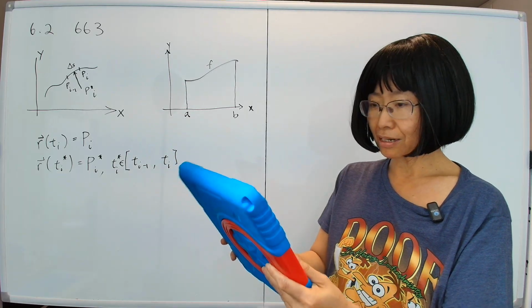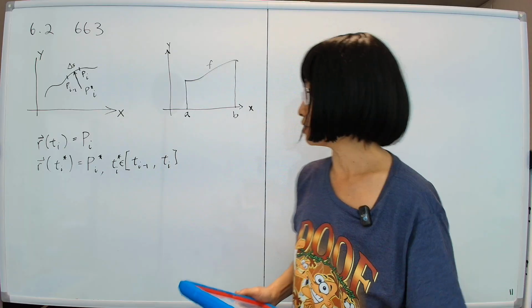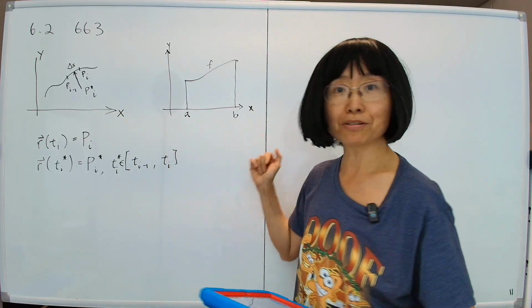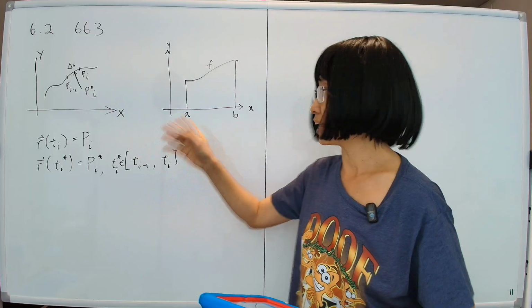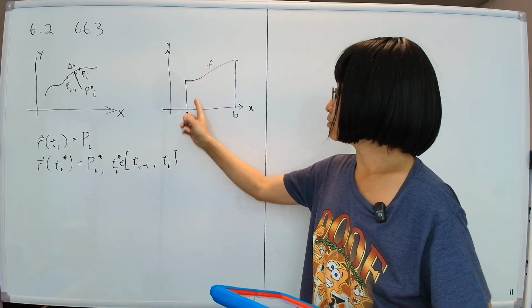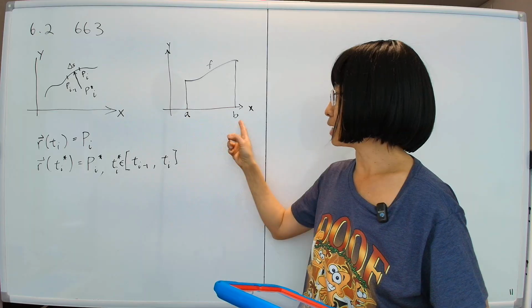Now what we're going to talk about here is called line integrals. The line integral is very similar to our regular integral, except that we're doing it with a curvy line. For example, normally when we do an integral, we calculate the area under the curve from a to b.